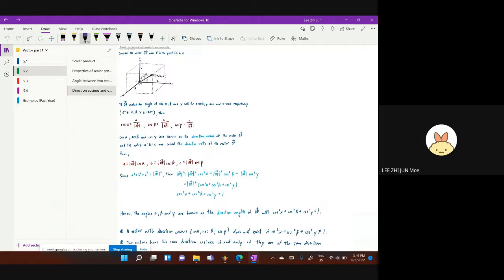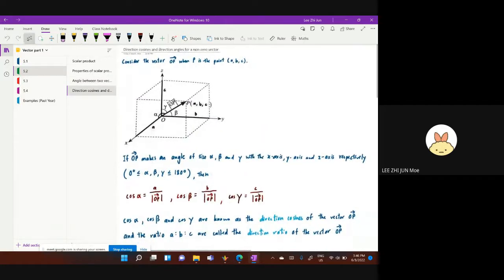So we go to the last one, direction cosines and direction angles of a non-zero vector. We consider the vector OP, where P is simply a point (a, b, c).